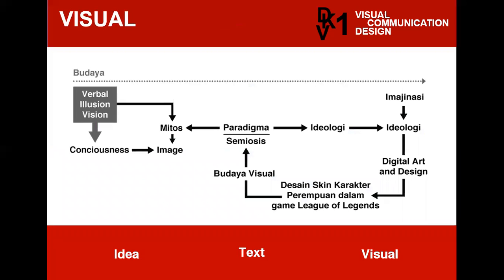Okay, when we talk about visual, we are talking about an idea becoming a text and becoming a visual. It's under the culture, right? When the idea is in the form of a verbal illusion or a vision of a creator or designer, it's still inside the consciousness, right?